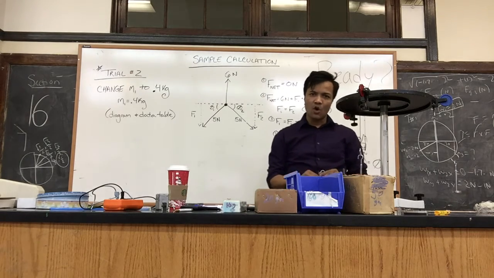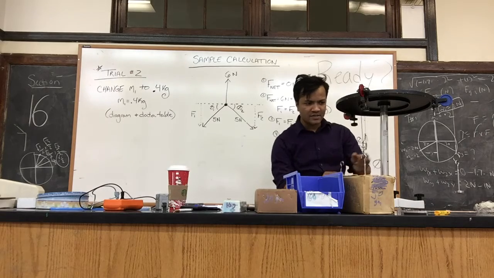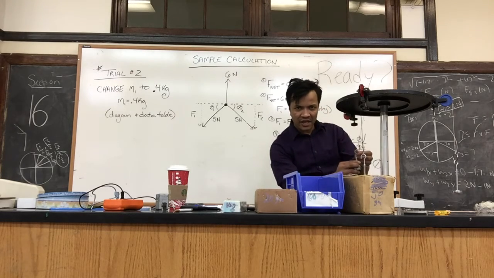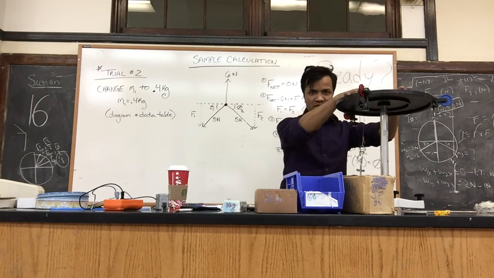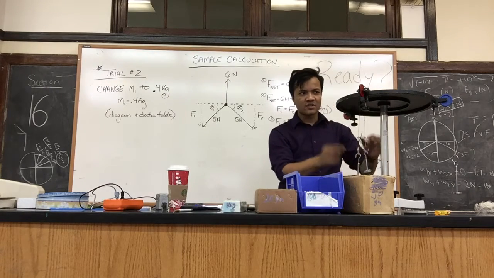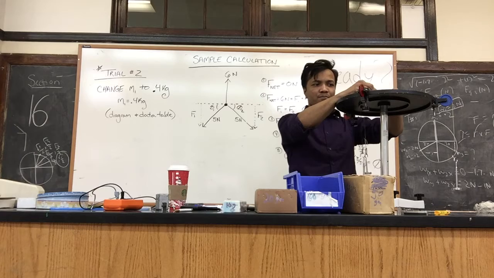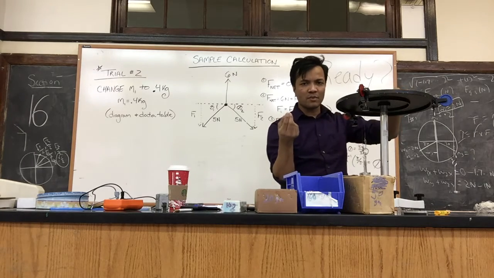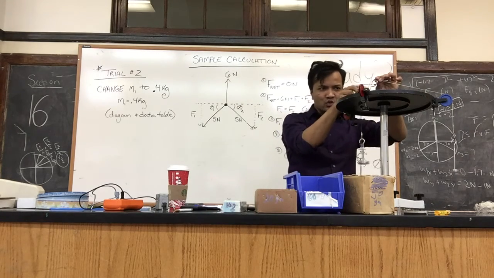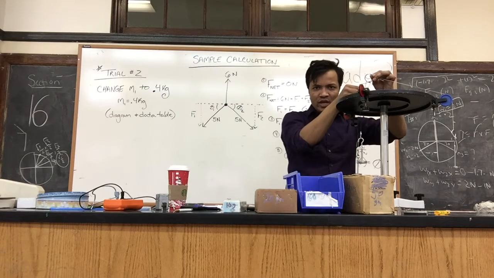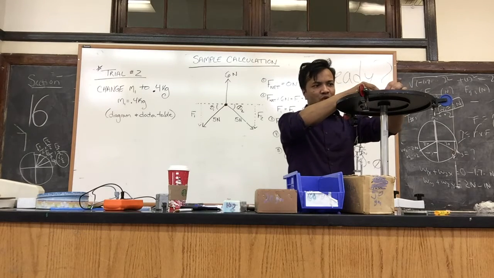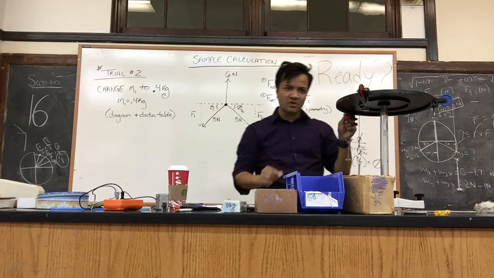So my question is how much force should I suspend here and what should be the direction, so that the system is in equilibrium? How do we know the system is in equilibrium? When this ring does not touch the center. When this ring does not touch the center, that will be equilibrium. How can we accomplish that goal?